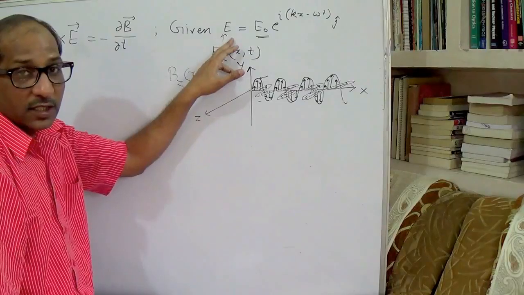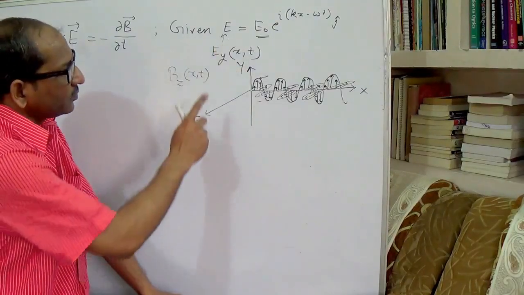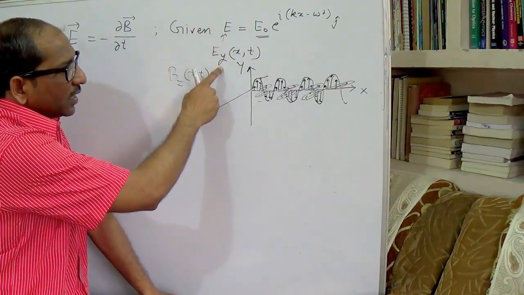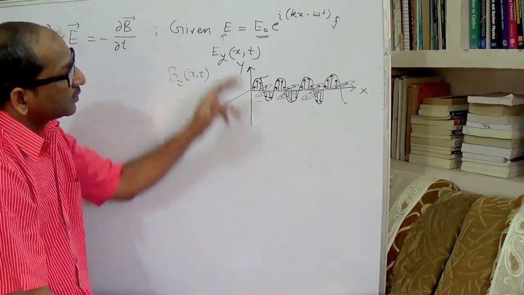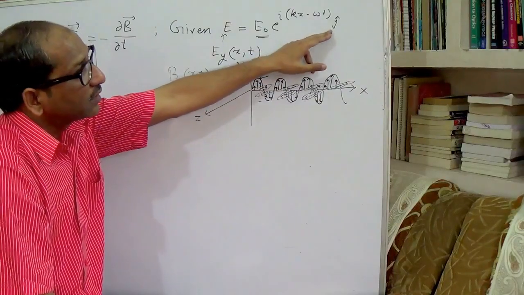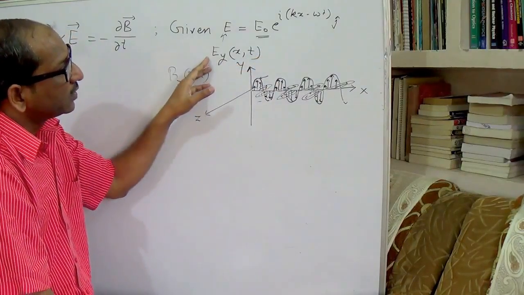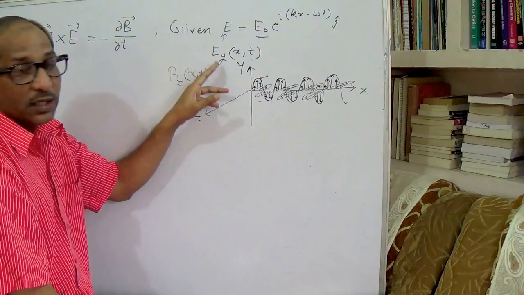Now what is given? Given is the electric field component along the y direction. There are two ways of writing this electric field component. Either you can write it with the unit vector j, or you can write it as Ey(x,t).